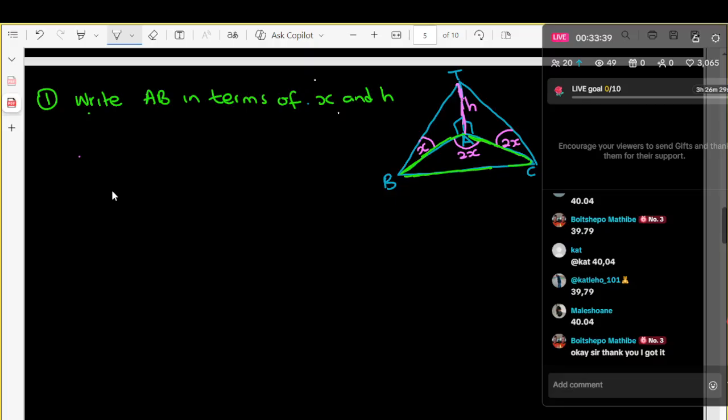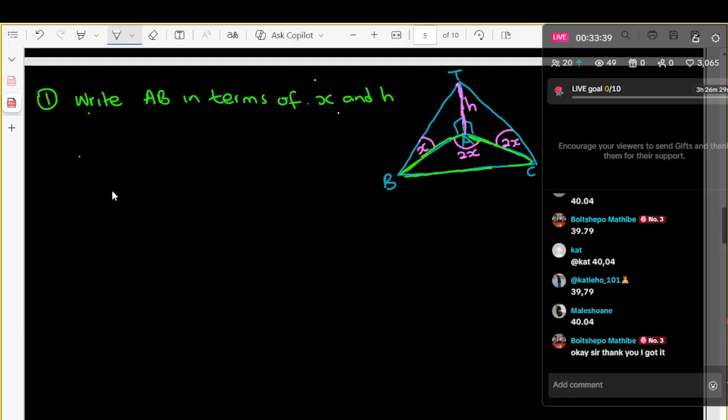What I need you to do is first focus on triangle ABT. Unfortunately, I don't think we're going to have much time to go through and separate the triangles, but I'll try to do that.